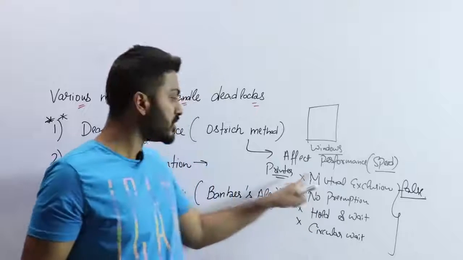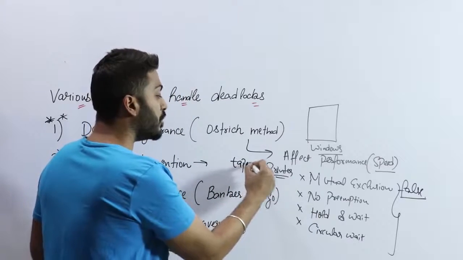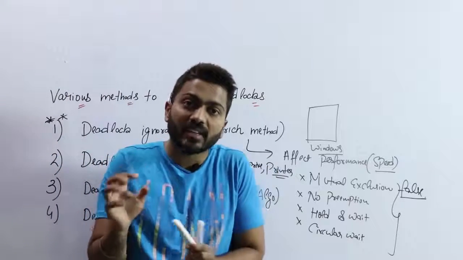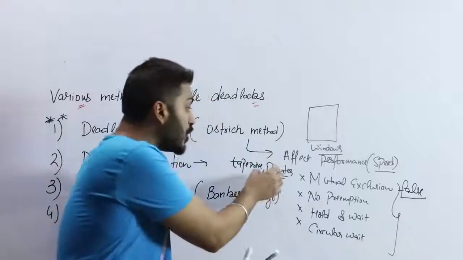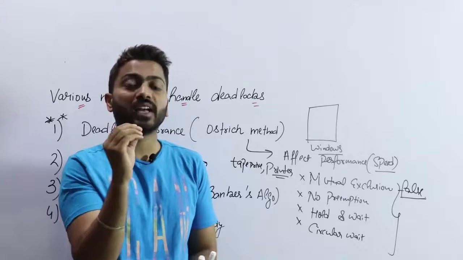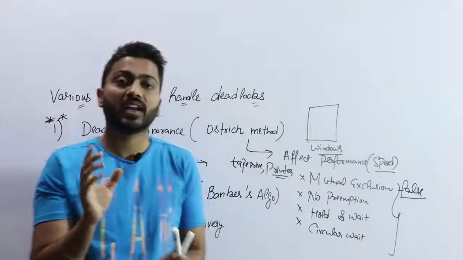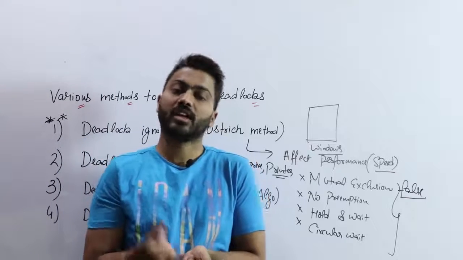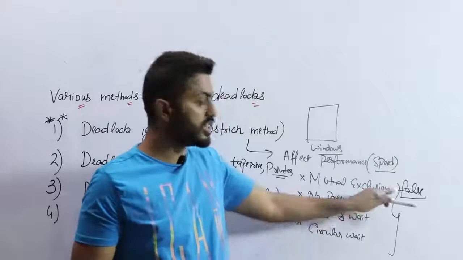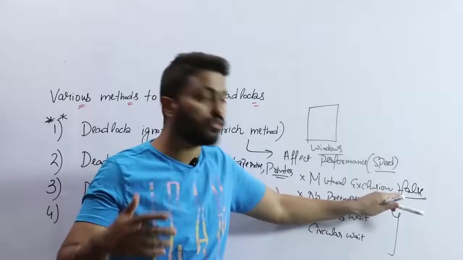But how can it be possible for a printer? How can it be possible for a tape drive? Because some of the resources are made in such a way that they cannot be made shareable. They are non-shareable. A printer cannot be made shareable; it is always non-shareable. So it is very hard to make this condition false.